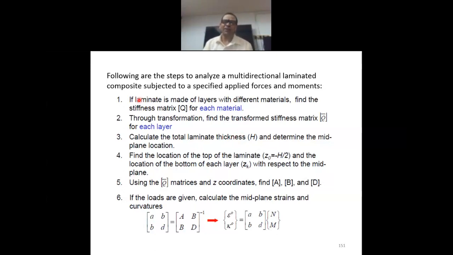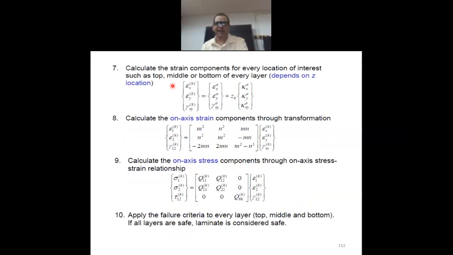For each and every layer, we have to find the stiffness matrix, and we have to find the transformed stiffness matrix Q bar. Then we have to find the laminate thickness. We have to find the midplane location, right? And then of course points 4, 5, 6, 7. I'll come to them a little later, after 2 or 3 minutes. Points 8, 9, 10 we have already gone through.